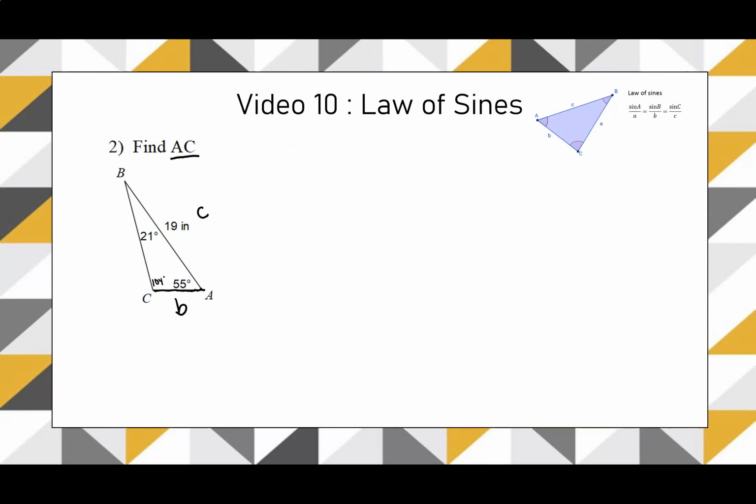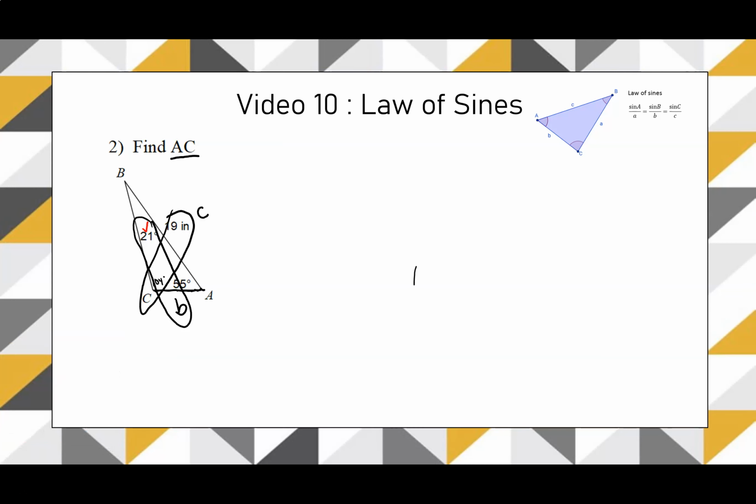All right, let's circle my side C that I'm given and my 104. Okay, and then I'm looking for B, so I'm going to have to circle B and 21. All right, that looks ugly. Let's see if we have 3 out of our 4 pieces of information.